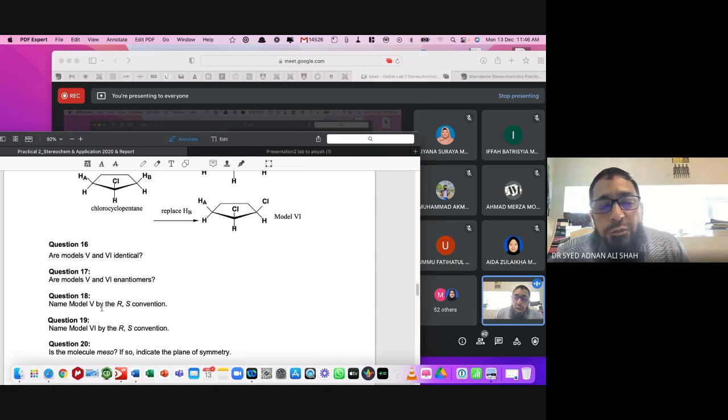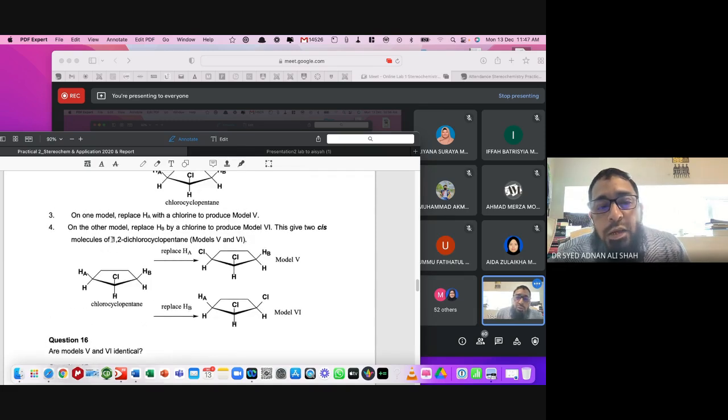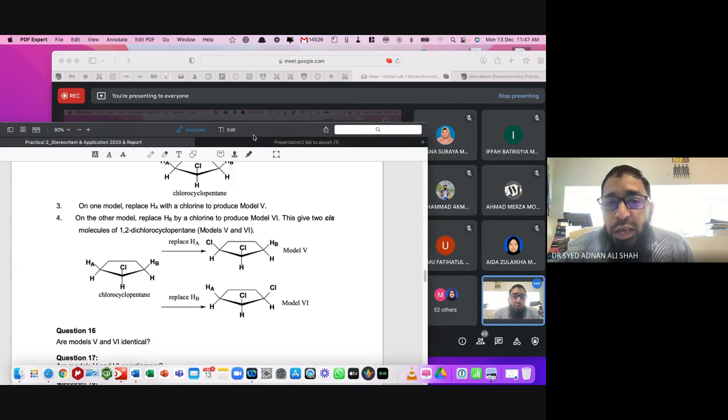The molecule will be named with R and S, right? So you have to name it like this: 1S,2R-dichlorocyclopentane, or 1R,2S-dichlorocyclopentane. That's how you assign the absolute configuration of the stereogenic centers.